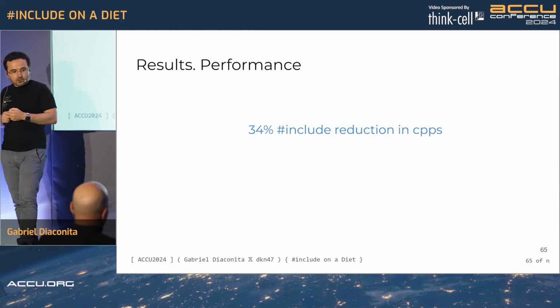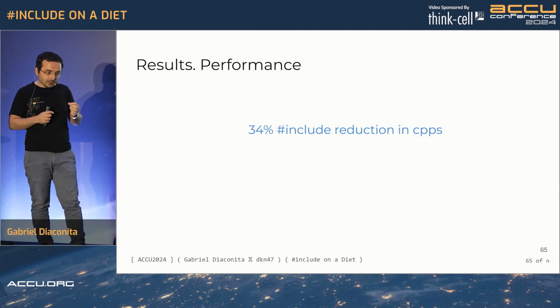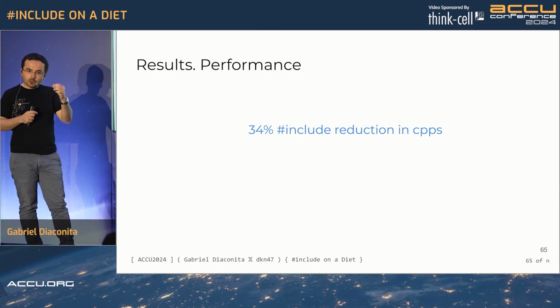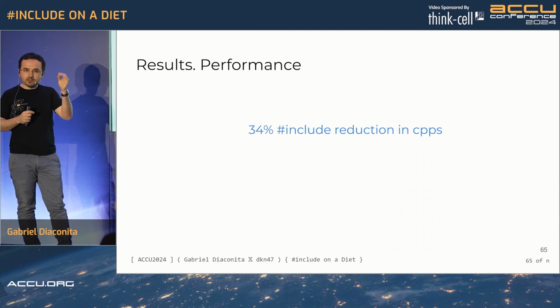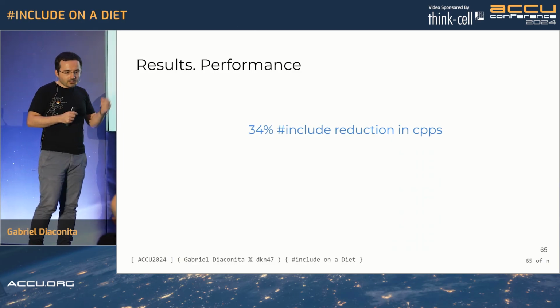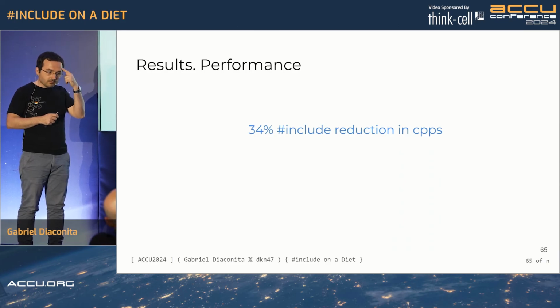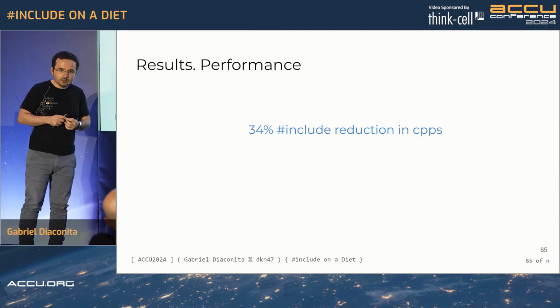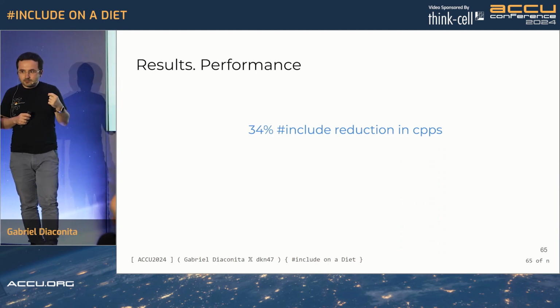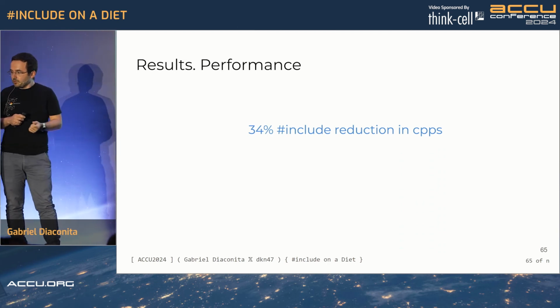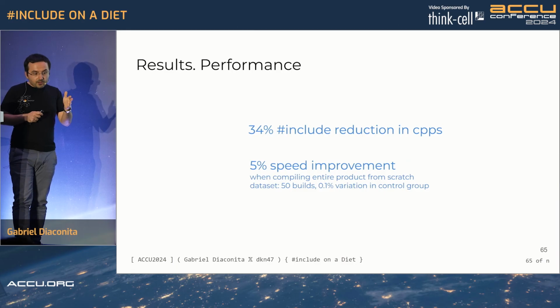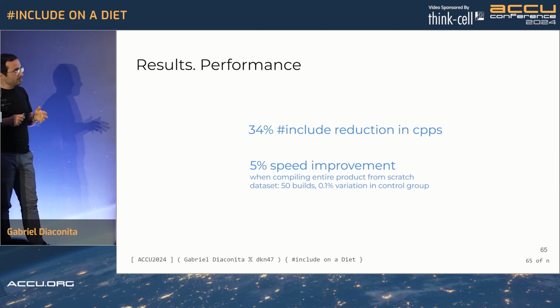So regarding performance, after we saw that this percentage was quite higher than what we expected, 5% reduction in includes, but we got 34%, that brings into our minds the question, maybe there's something into this regarding performance. So we measured it and we saw that it does matter a bit.